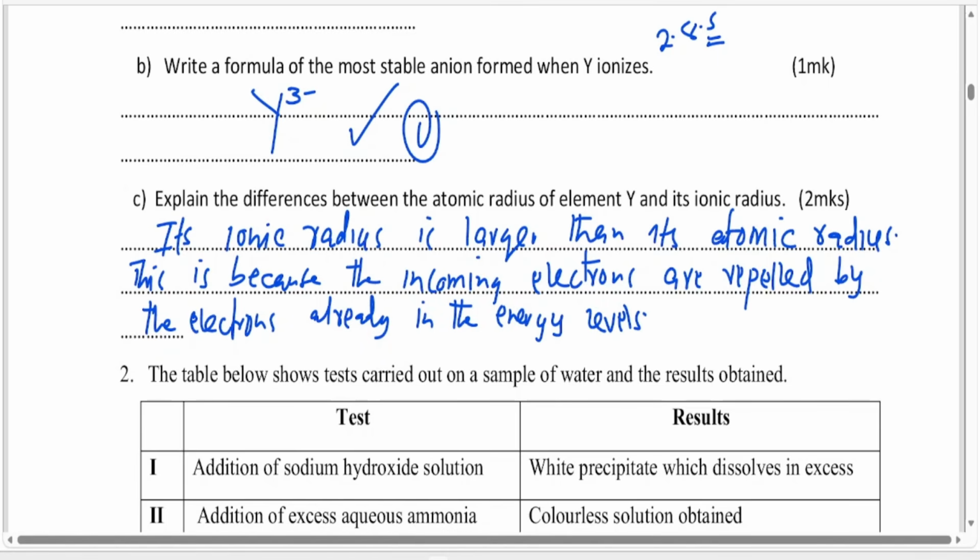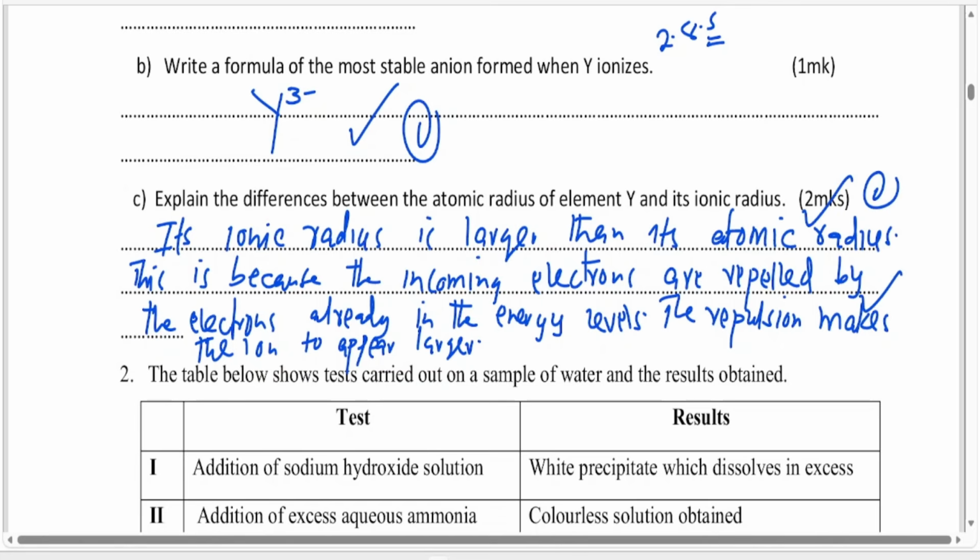So the repulsion makes the ion appear larger. So stating the difference is 1 mark and giving the explanation is 1 mark.